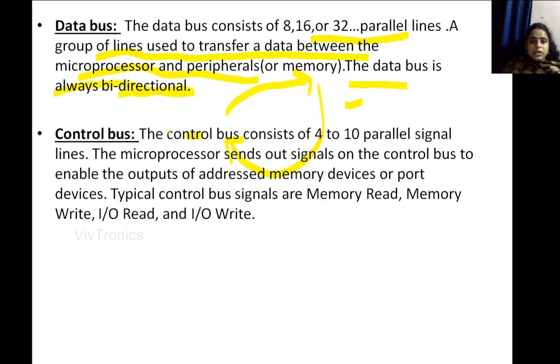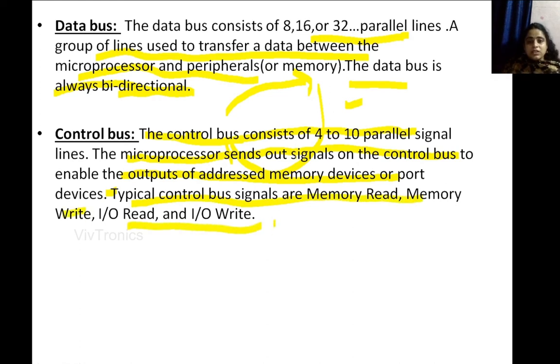The next one is the control bus. The control bus consists of 4 to 10 parallel signal lines. The microprocessor sends out signals onto the control bus to enable the output of addressed memory devices or port devices. Typical control bus signals are memory read, memory write, IO read and IO write.